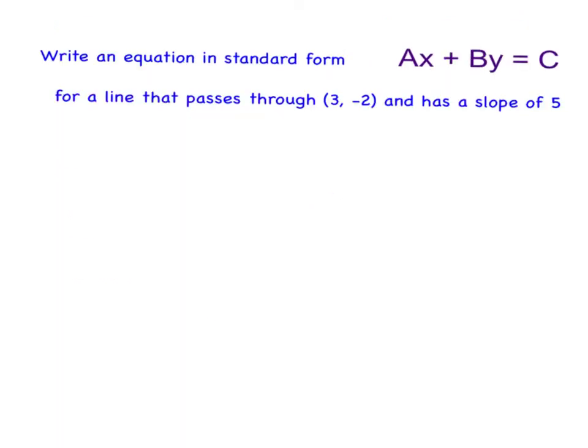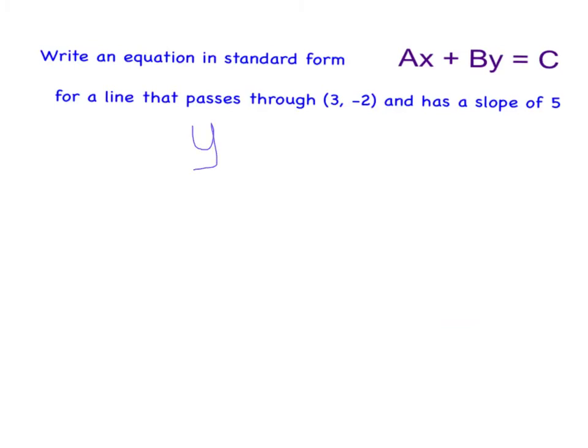When you have to write an equation in standard form and an equation is not already given to you, but data points are given to you, you have to do a little bit more work. So I'm going to write it in point-slope form like we have been doing.